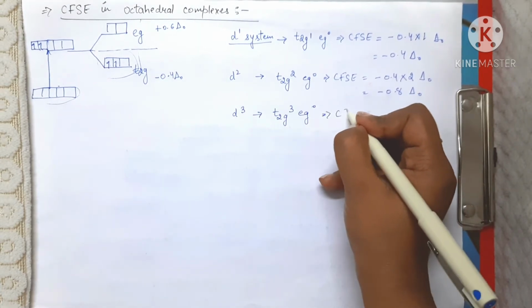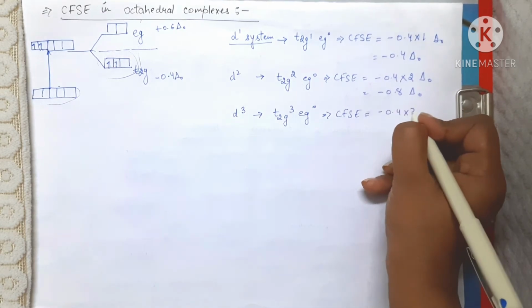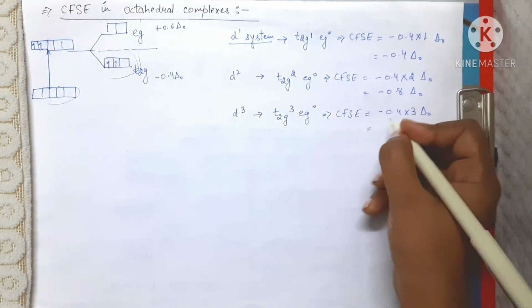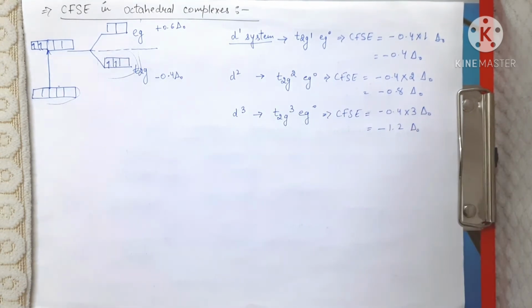In this case, the CFSE will be minus 0.4 multiplied by 3 del O. So it comes out to be minus 1.2 del O.